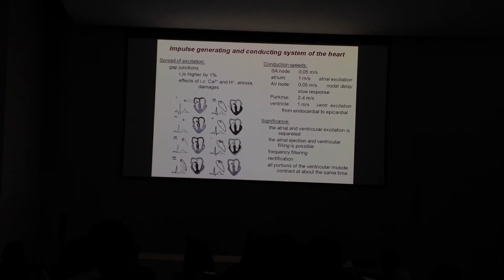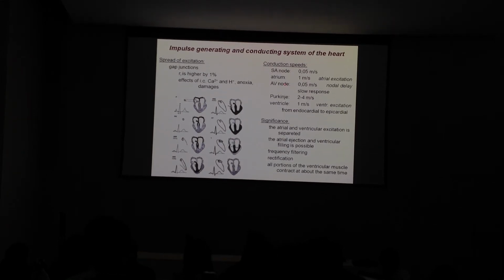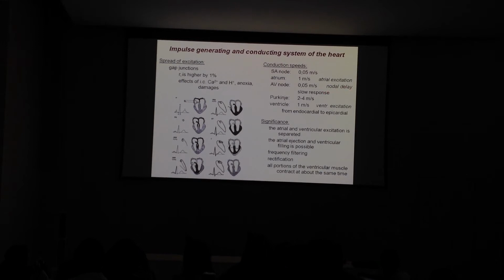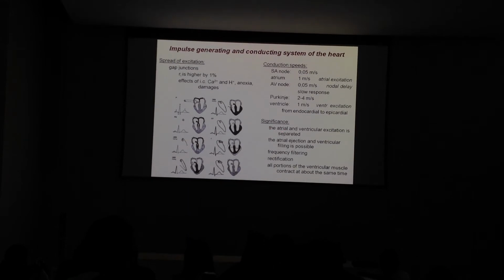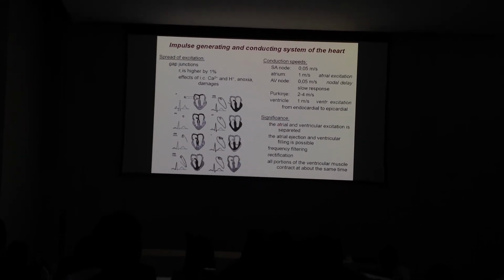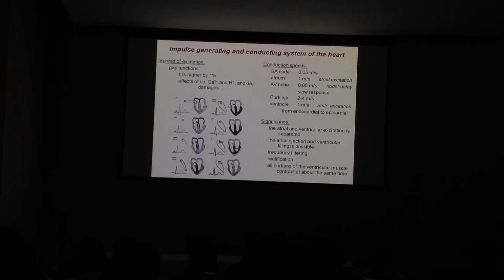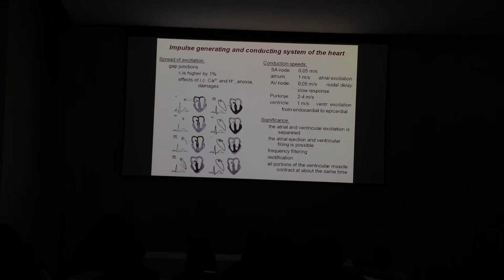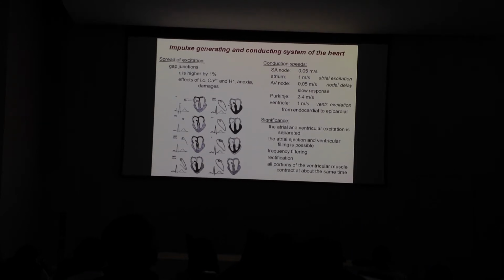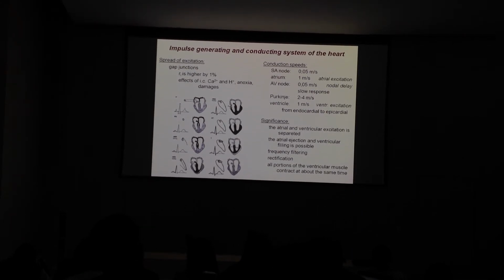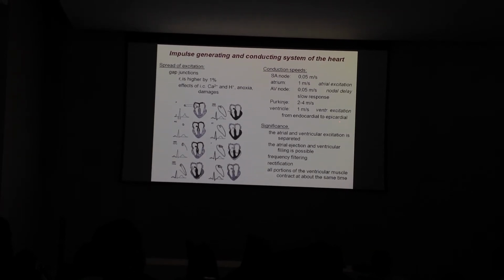Okay, we listed the different advantages of this AV nodal delay. This nodal delay makes possible the separate atrial and ventricular excitation. First, the atrium is depolarized, there is the atrial systole, and the blood can flow into the ventricle. During this time the ventricular fibers are not depolarized due to the delay.